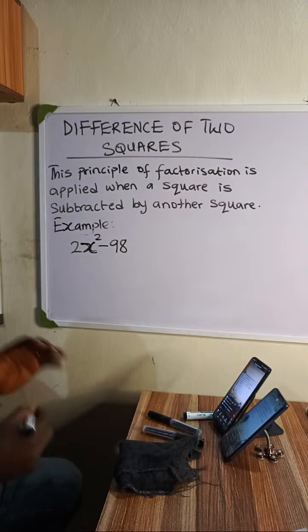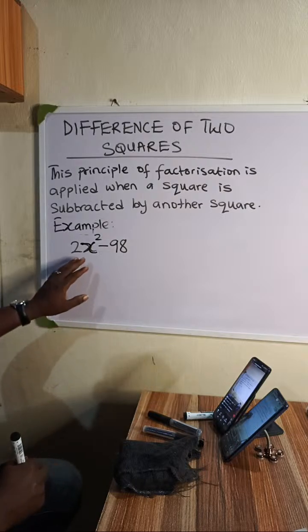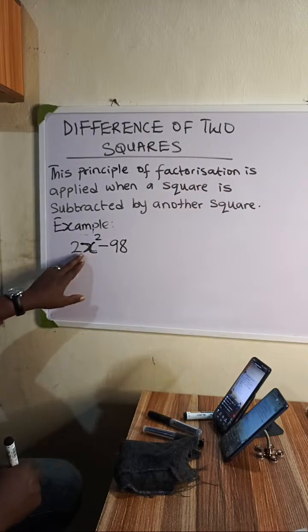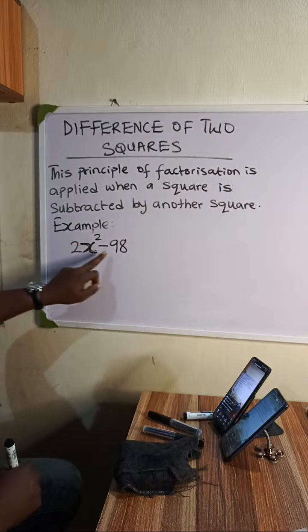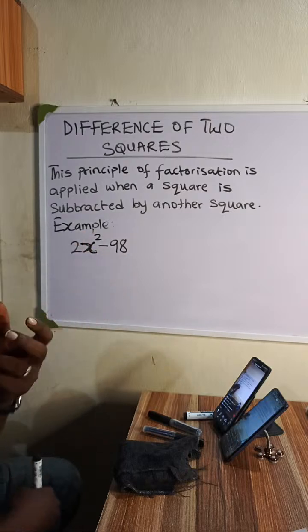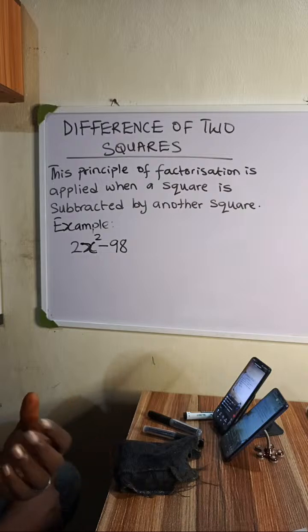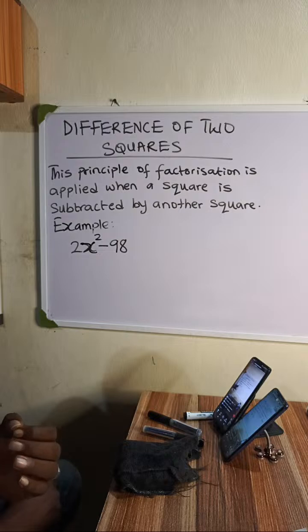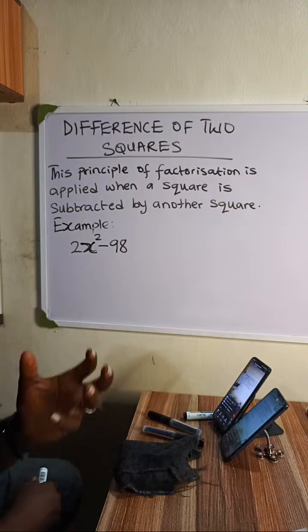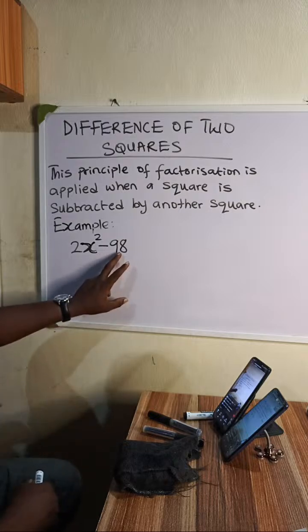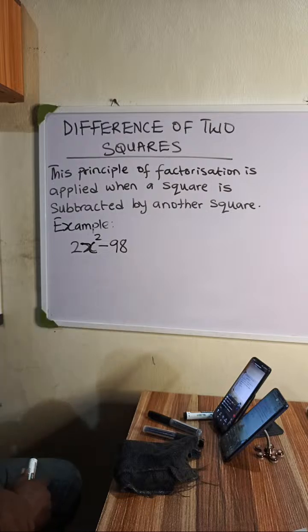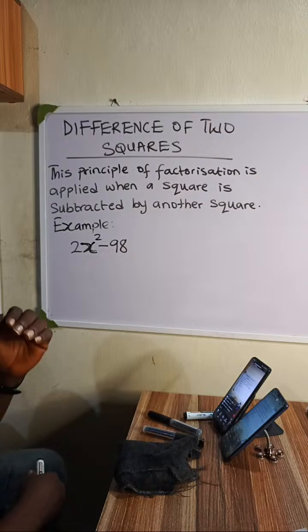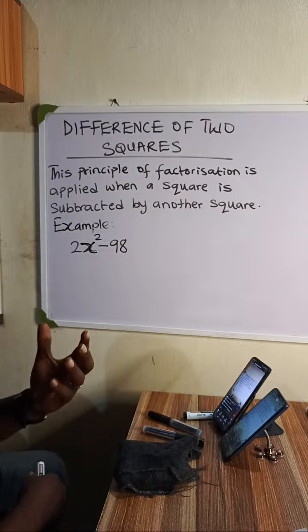If you look here, we have 2x squared, and over here we have 98. 98 cannot be converted to a square value because the square root of 98 is not a whole number. There's no whole number that will multiply itself to give you 98.